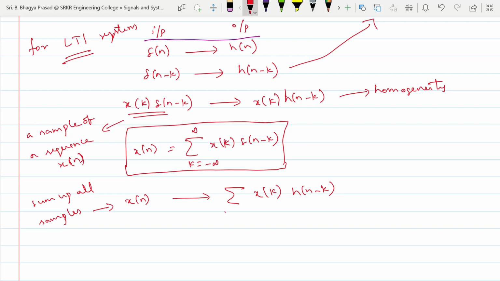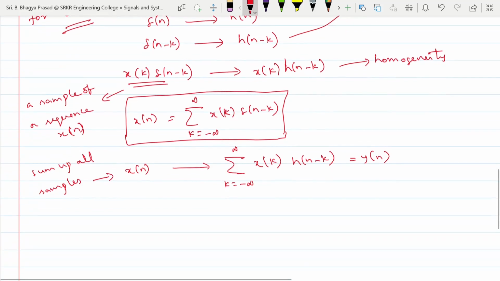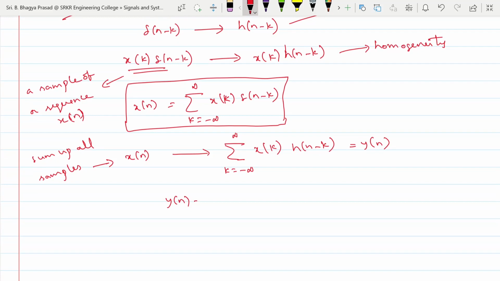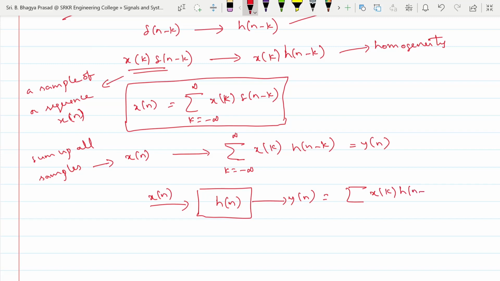We get an output, k equal to minus infinity to infinity summation x[k] h[n minus k], which is y[n]. This leads to finding an output y[n] for an input x[n] if the impulse response is h[n]. So y[n] is summation x[k] h[n minus k], where k equal to minus infinity to infinity.